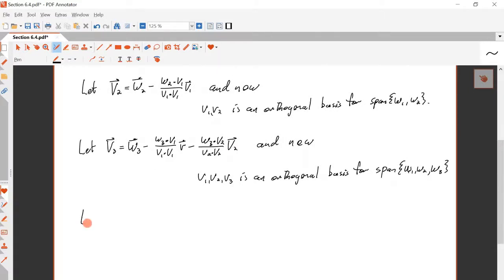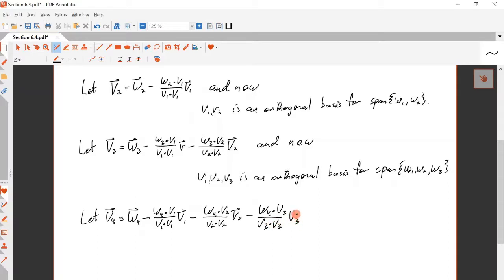Try one more step. Let V4 equal W4 minus W4 dot V1 over V1 dot V1 times V1 minus W4 dot V2 over V2 dot V2 times V2 minus W4 dot V3 over V3 dot V3 times V3.